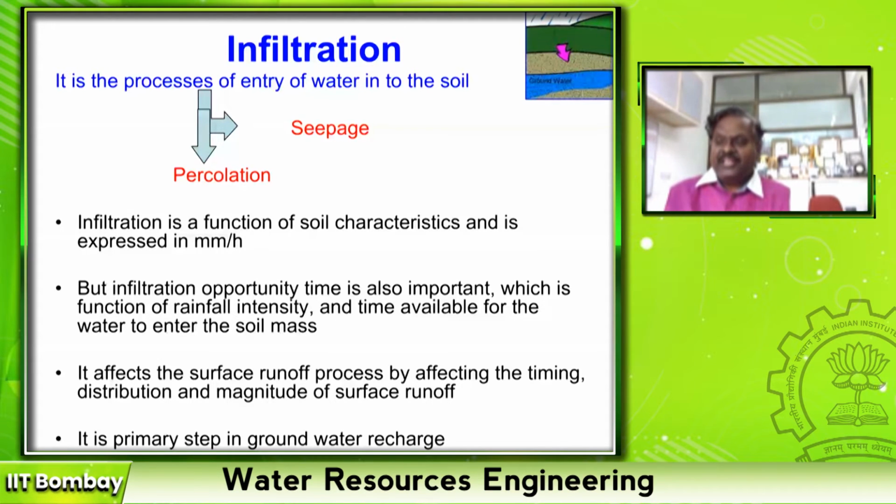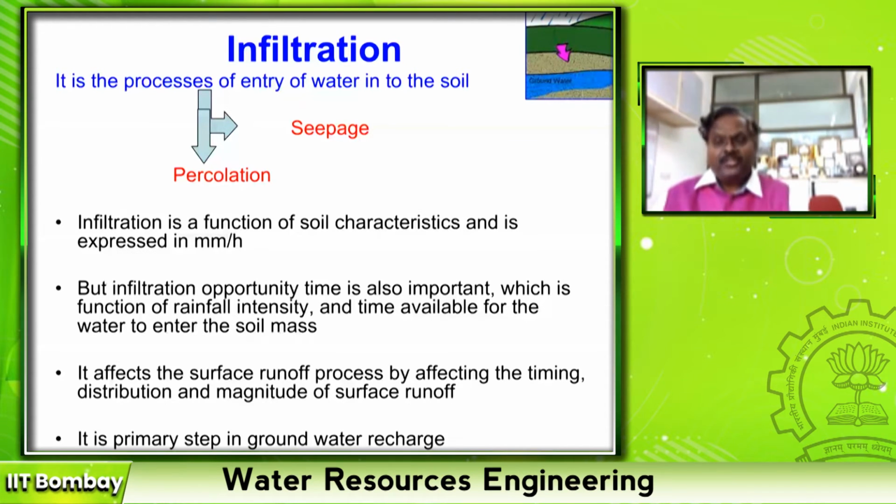Okay, that is why you might have carried out the experiment in your second year, right? Infiltration using a double ring infiltrometer. It is just the process of water entering into the soil.